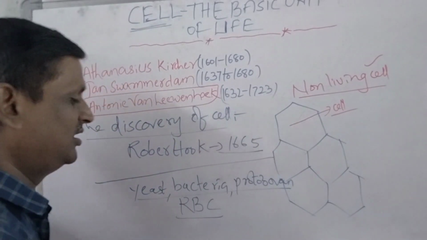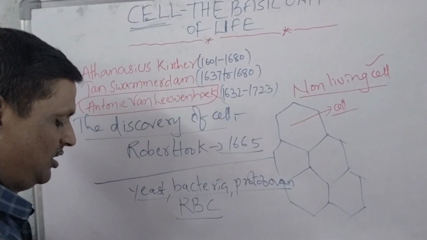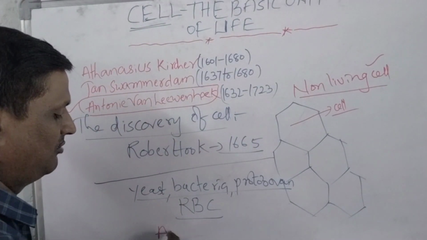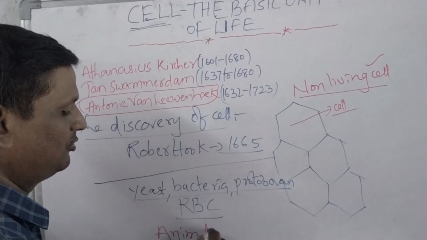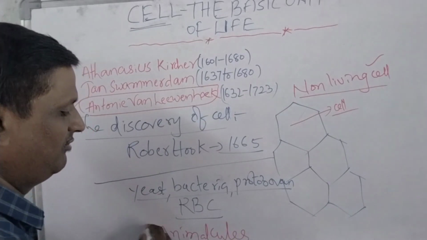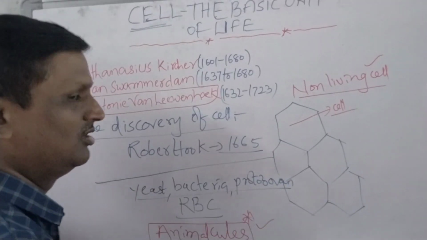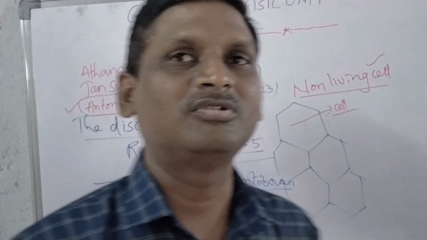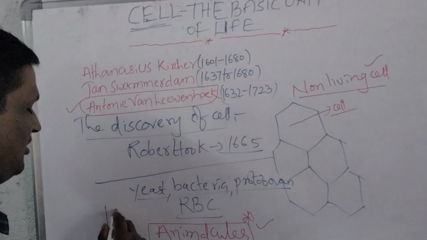Later he called these living organisms animalcules. The small living organisms in the pond water, he called them animalcules. This was in the year 1674.